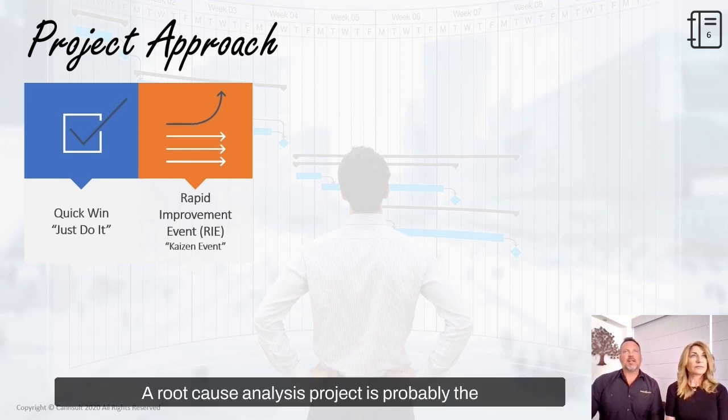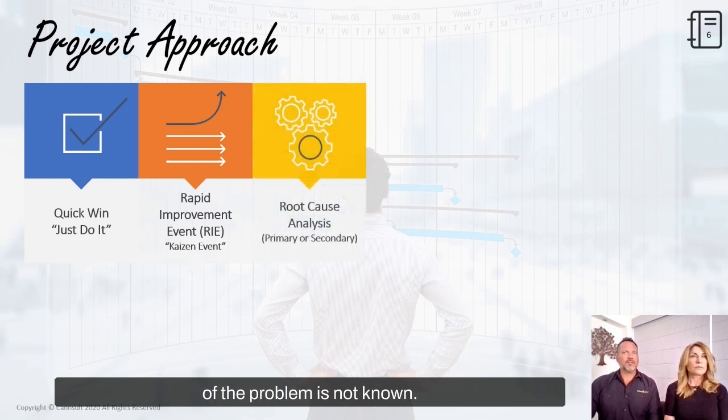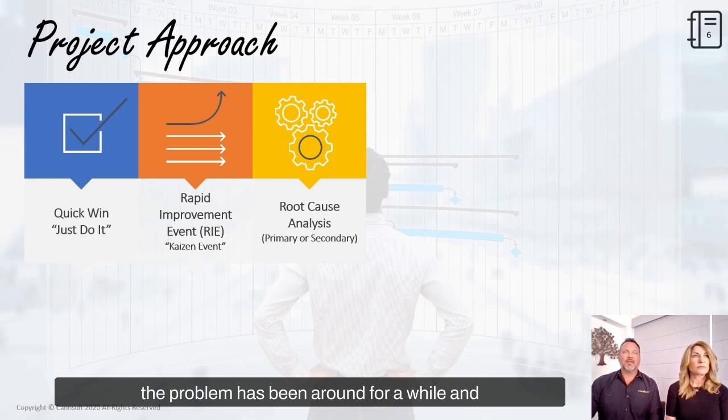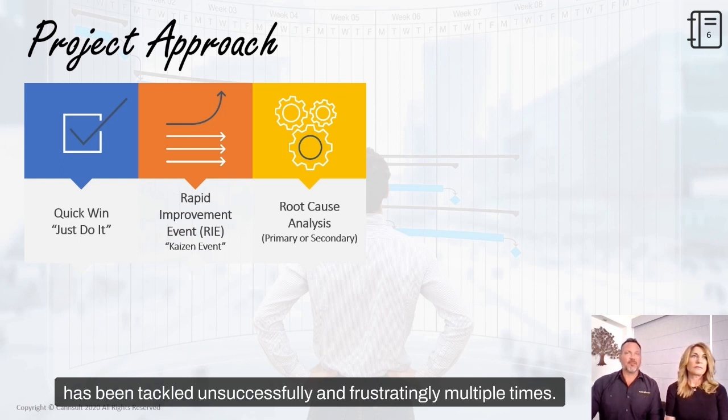A root cause analysis project is probably the most typical type of Lean Six Sigma project. This is a situation where there is a problem with an existing process and the cause of the problem is not known. There might be many theories or ideas, but typically the problem has been around for a while and it's been tackled unsuccessfully and frustratingly multiple times.